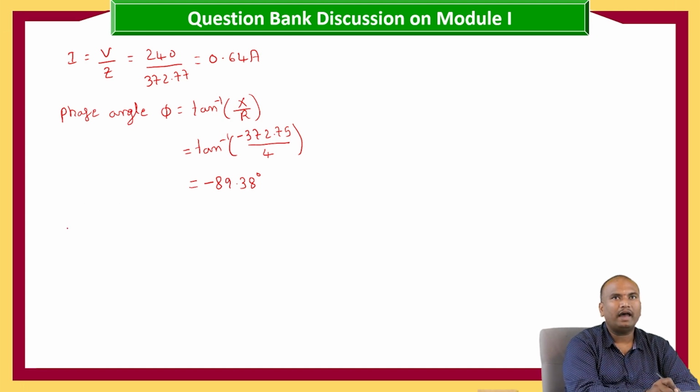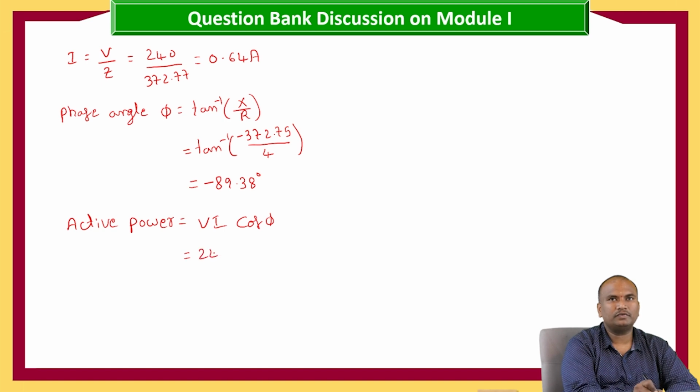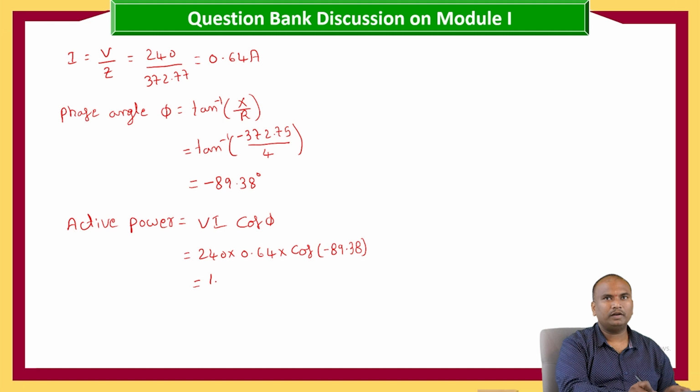Now the active power is equal to VI cos phi. Here the V value is 240 into I value 0.64 into cos of minus 89.38, which is equal to 1.66 watts.